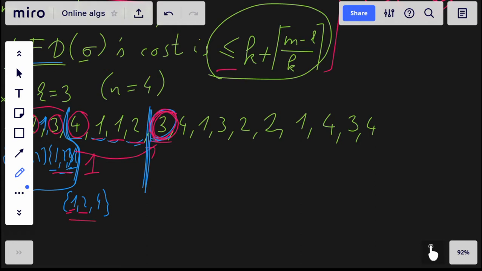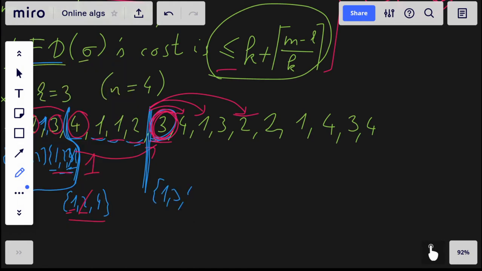And now I'll again check. I have 1, 2 and 4 in the cache. 1 is here, 2 is there, and 4 is here immediately. So amongst these, 2 is the farthest away, so I will discard 2 and I will have 1, 3, 4.